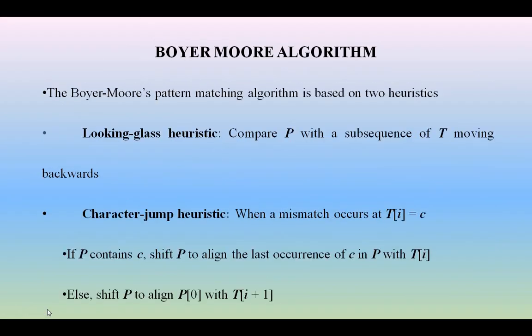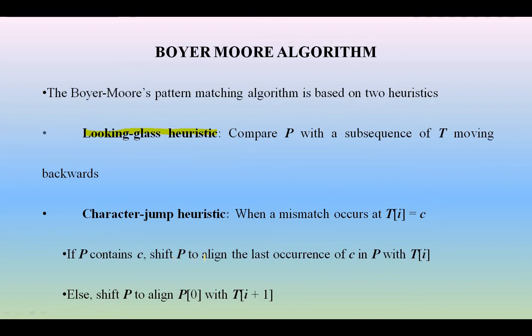Next, the Boyer-Moore pattern matching algorithm basically works on two different kinds of heuristics. The very first one is the looking glass heuristic: here we compare P with a subsequence of T moving backwards. The second is the character jumping heuristic: when a mismatch occurs, T[i] equals c.